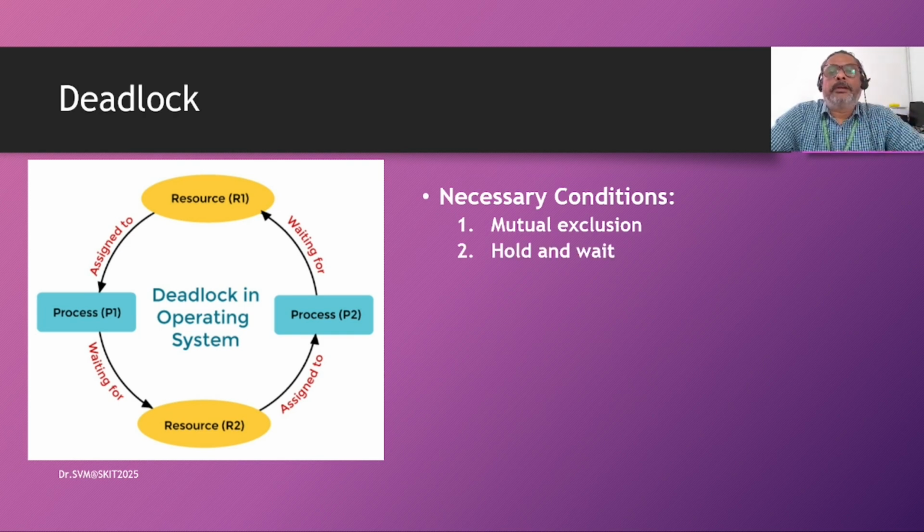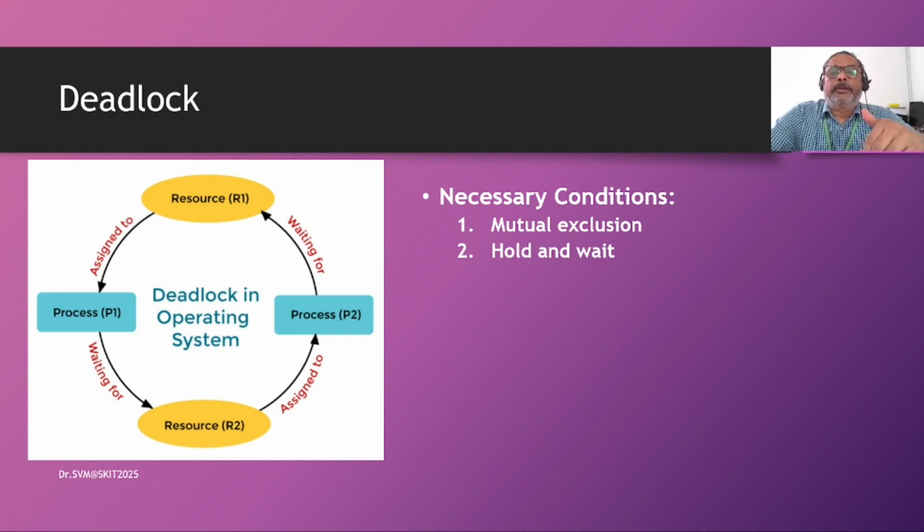The second one is hold and wait. A process can request some resource, and if that resource is available it will lock it, and after locking some resources it will ask for other resources, and if those are not available then it will wait.